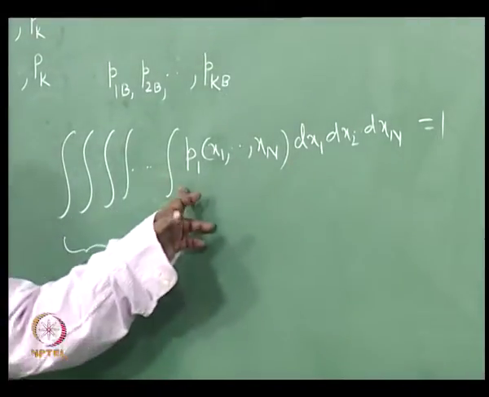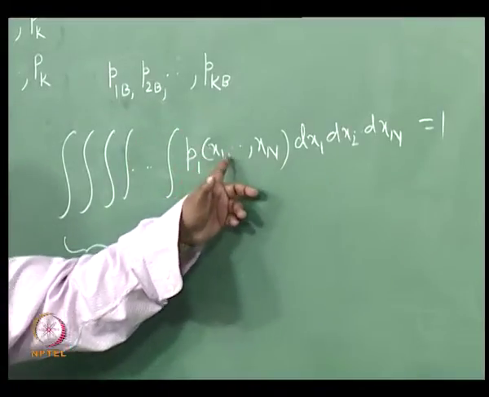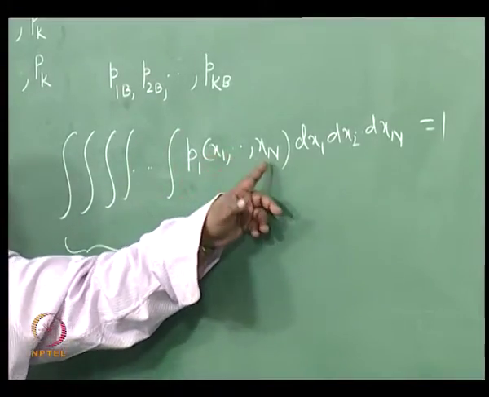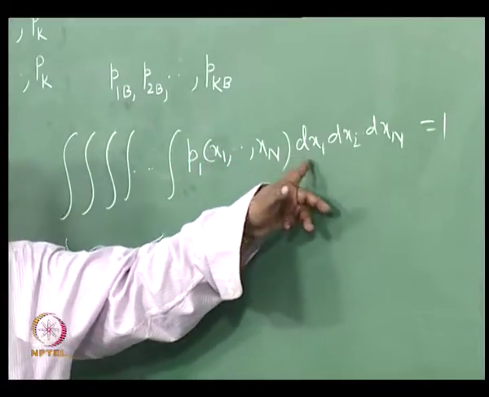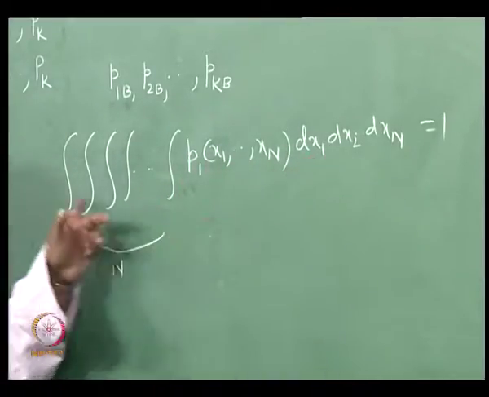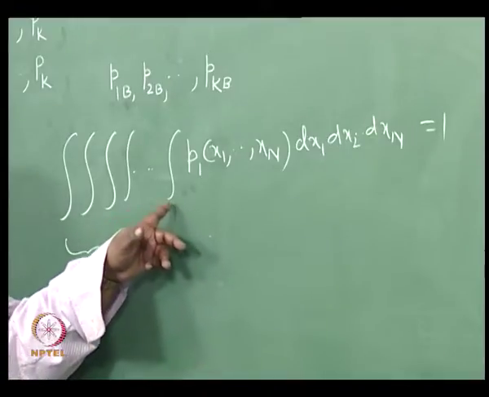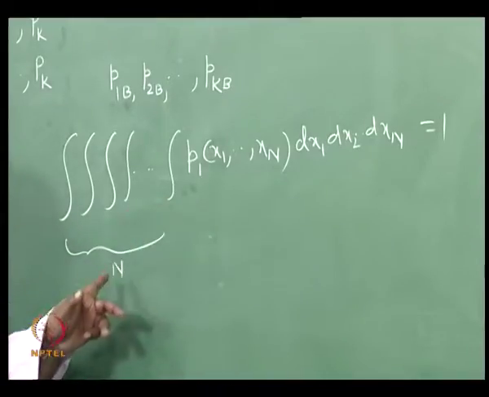and its number of arguments is capital N. So, you have to write those capital N variables x 1 to x n and dx 1 dx 2 up to dx n, and this is a capital N number of integrations, you are going to integrate over capital N dimensional space.